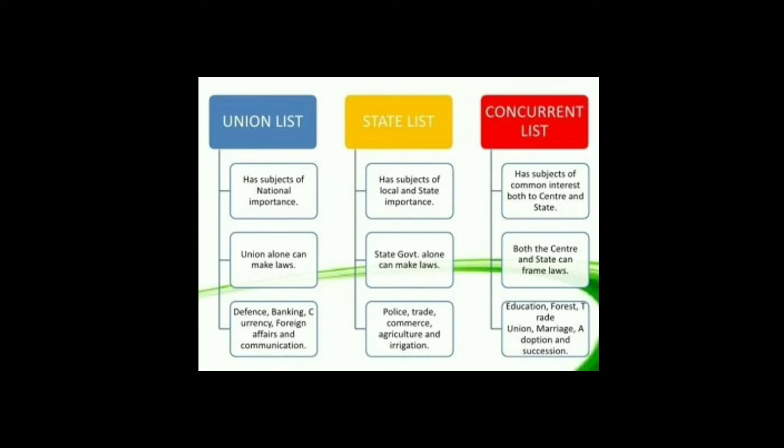Next we have the state list here. The subjects are of local and state importance. It is very important for the state as well as for the local bodies. Clear? Here the state government can make laws. The state government plays a very important role in the state list.